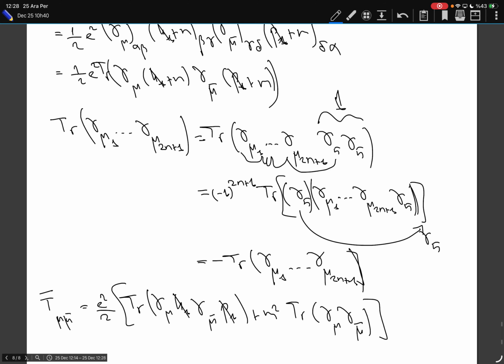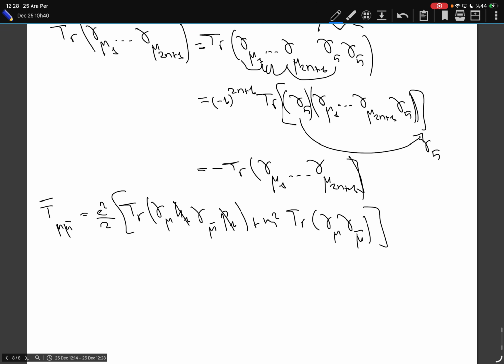The linear terms in M, for example, γ^μ times K1 slash times γ^μ̄ times M, contain an odd number of gamma matrices. I'm taking the trace, so that is 0. So I only have terms independent of M and terms proportional to M squared.